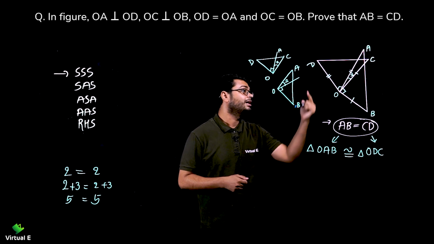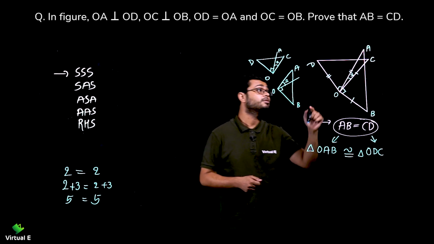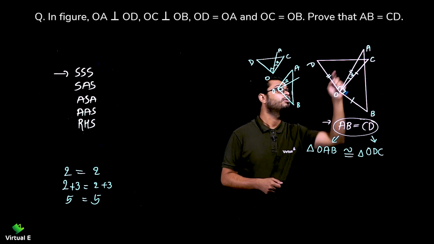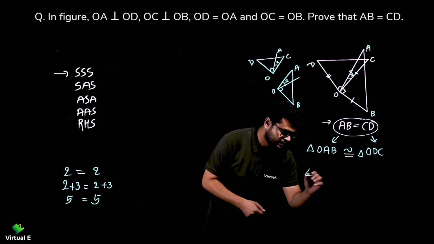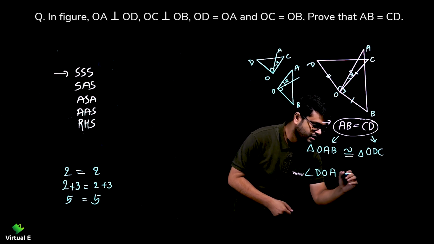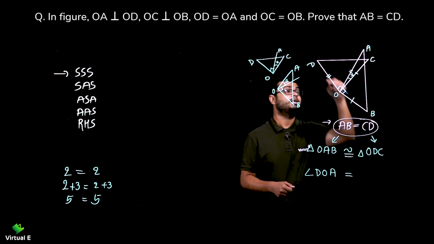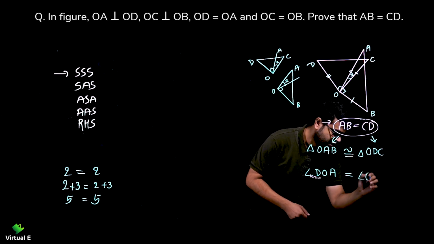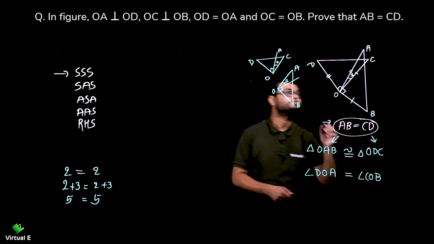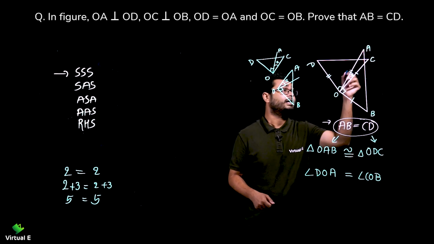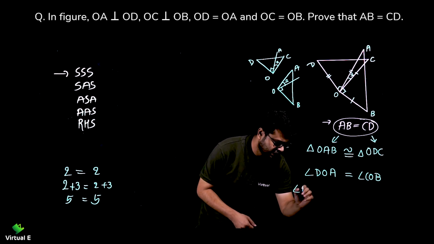So first of all, let's start with the 90 degrees. So 90 degrees, we have DOA. Let's write angle DOA is equal to angle COB. Now to both of these sides we are going to add angle 1. So let's do it.